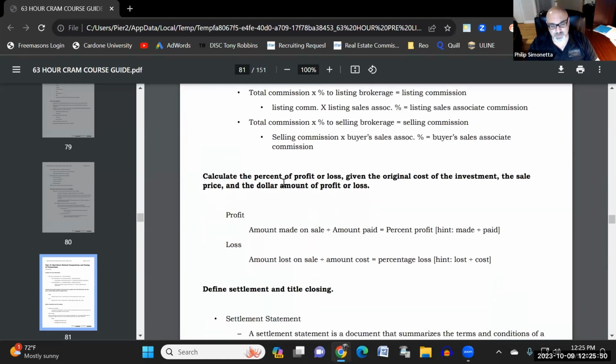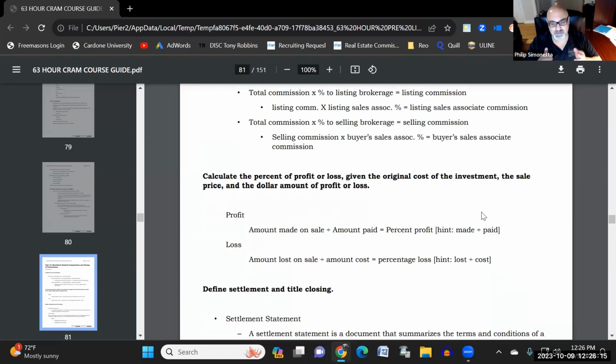So to calculate the percent of profit or loss, given the original cost of the investment, the sale price, and the dollar amount of the profit or loss, right? You have to figure out how you get it. Now, do you remember, when you want to find out the percentage of profit made, you got to take the amount made on the sale divided by the amount paid on the sale, and that gives you the percentage of profit.